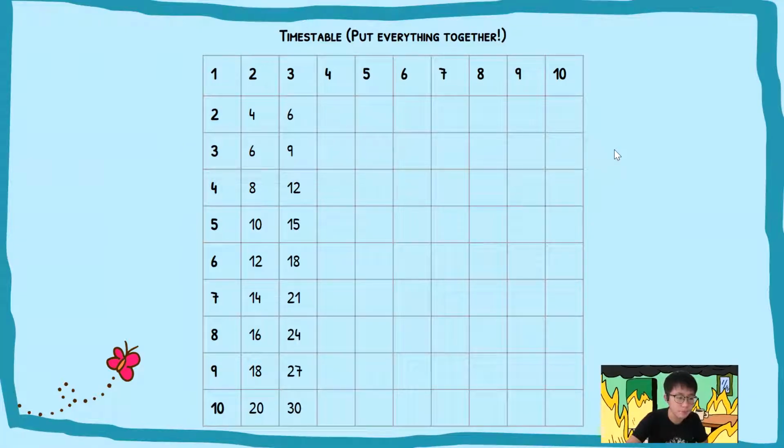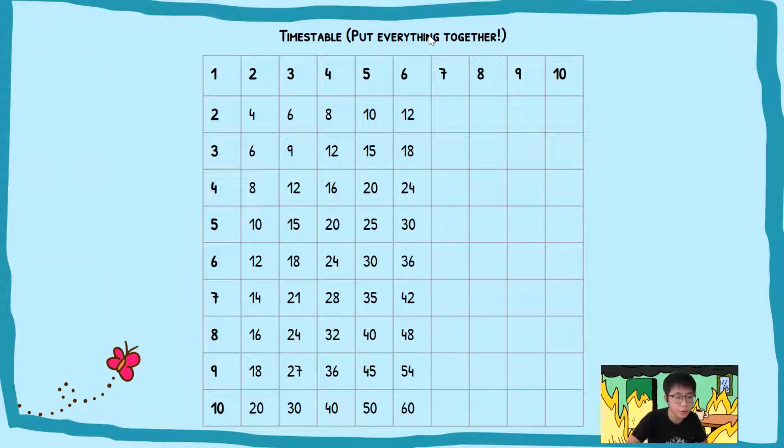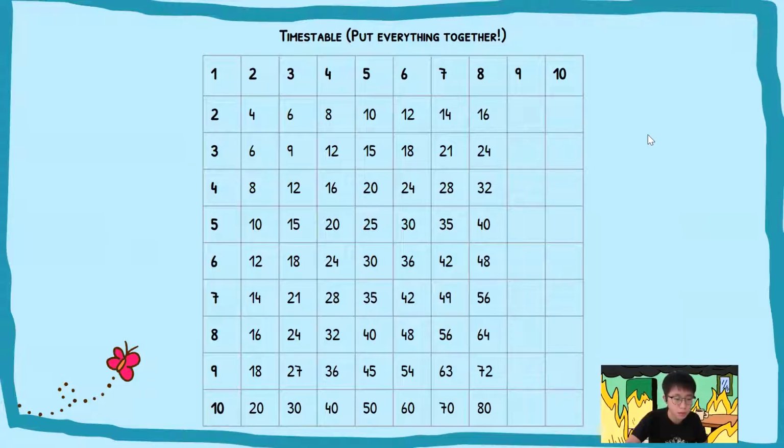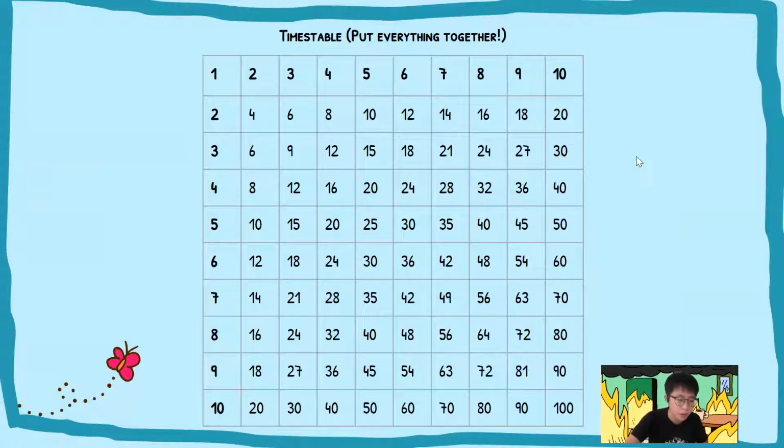And we can fill it up. This big square is very useful in helping us find the product of numbers very quickly. And you should have a printed copy of this times table with you, and you can refer to it in the later exercises in this lesson.